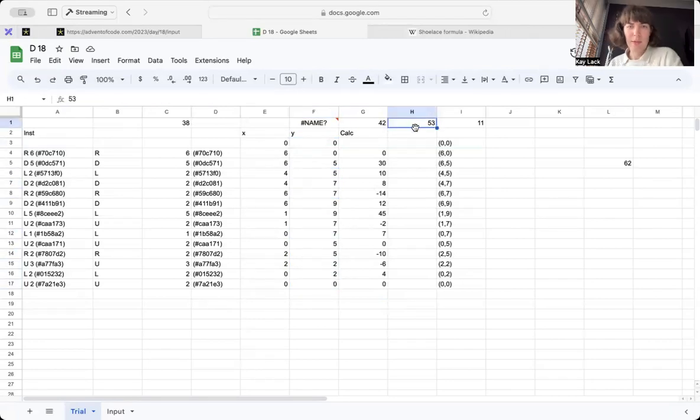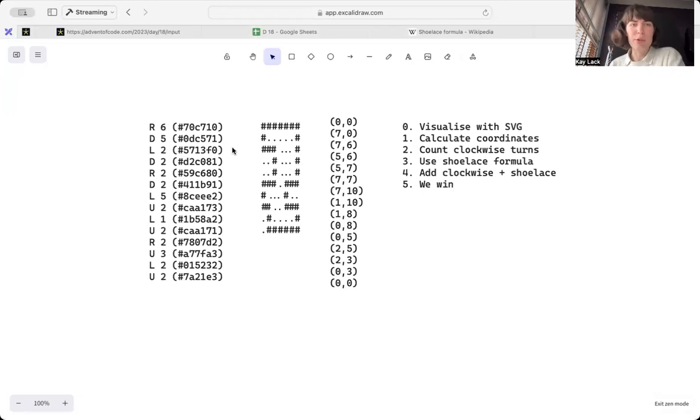Forty-two plus 62 is 20. So we've got 1, 2, 3, 4, 5, 6, 7, 8, 9, 10, 12, 13, 14, 15.